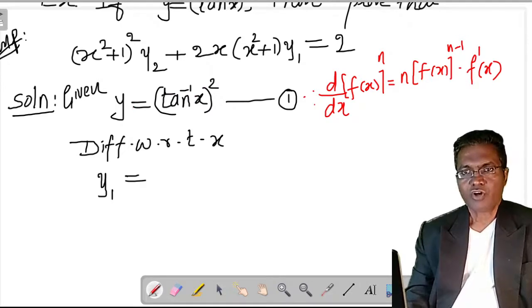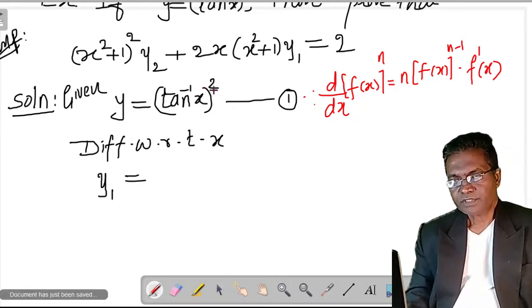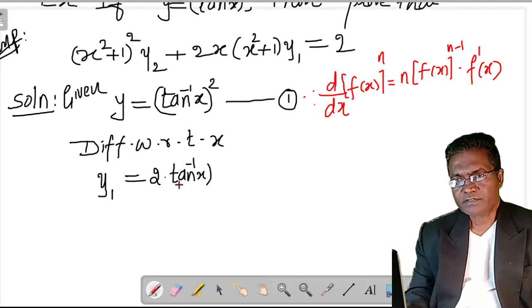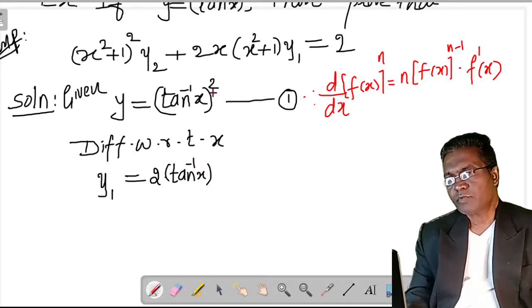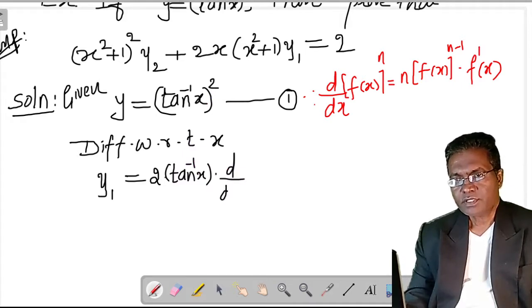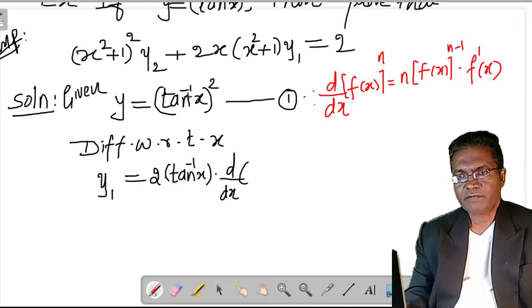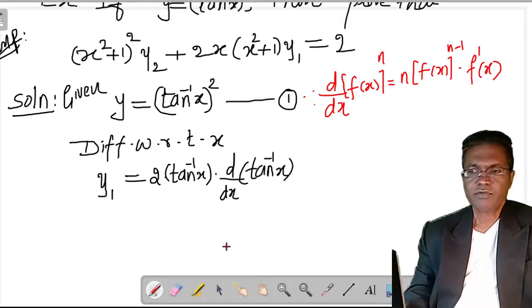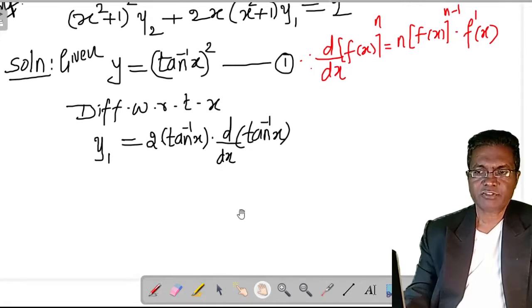Okay, so according to that, it becomes 2 into tan inverse of x, 2 minus 1 is 1, into d by dx, f dash means derivative of this tan inverse x.